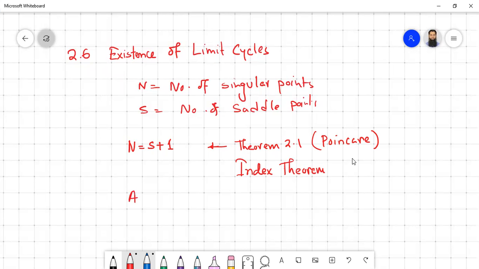So a limit cycle must enclose at least one equilibrium point.